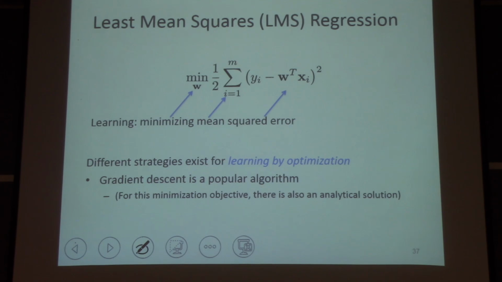So if I'm minimizing, to get the real average, I need to divide this whole thing by m. But the w that minimizes this fraction is also the w that minimizes the sum. And if you divide by m, that's why you get the mean part of the mean square.